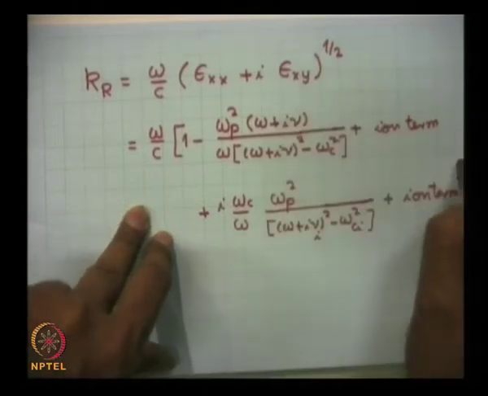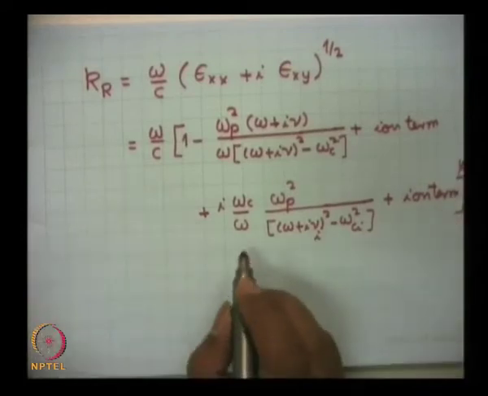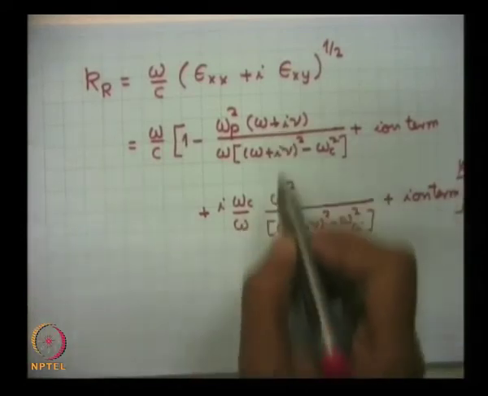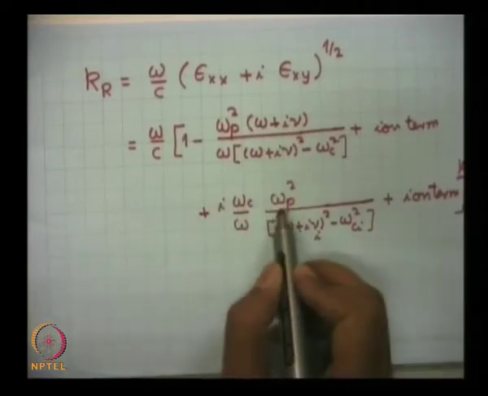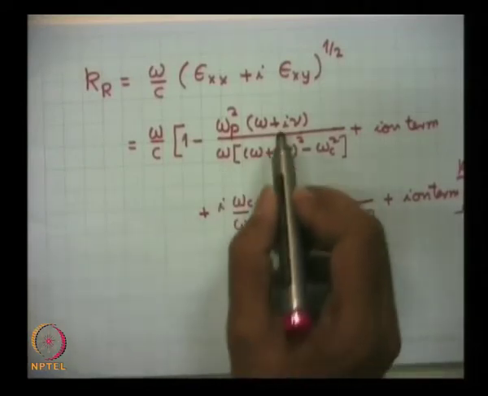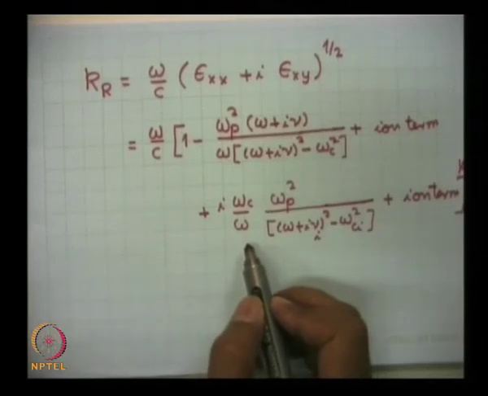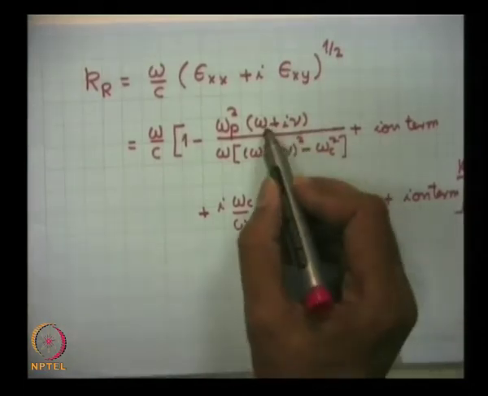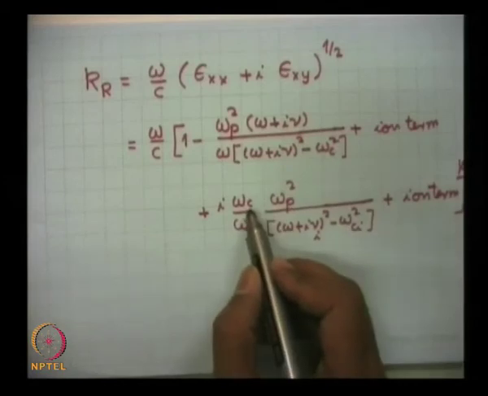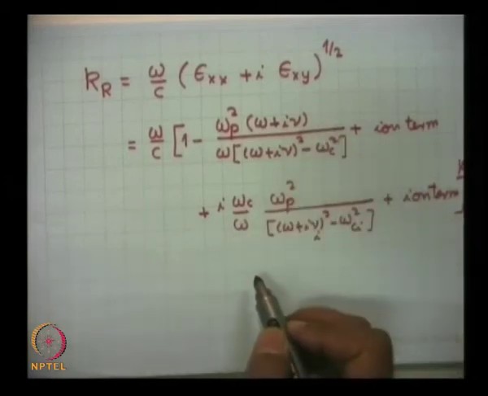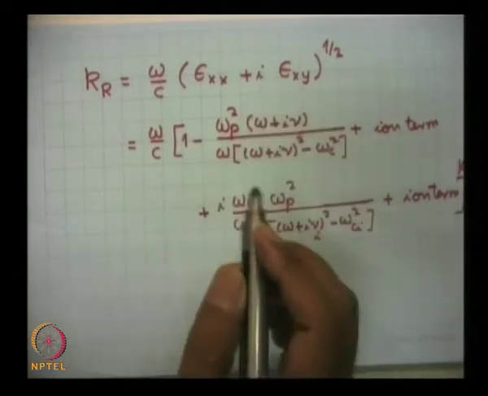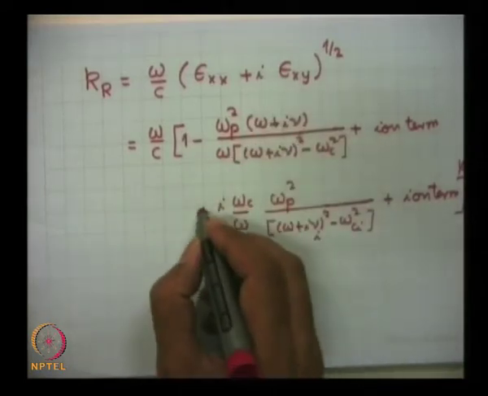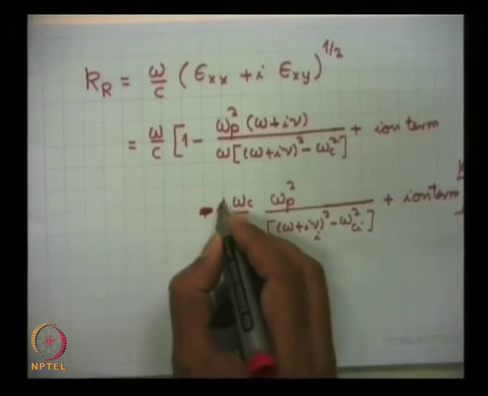to the power half. What you see here, these two terms have the same denominator and they can be easily combined. And this becomes omega plus i nu minus omega c. Actually i is here, i is there, so this becomes a minus sign. This is a minus here and i is gone. There is no i here.